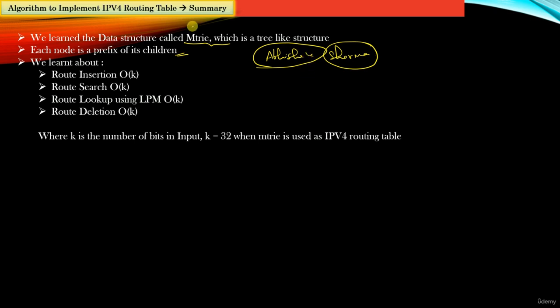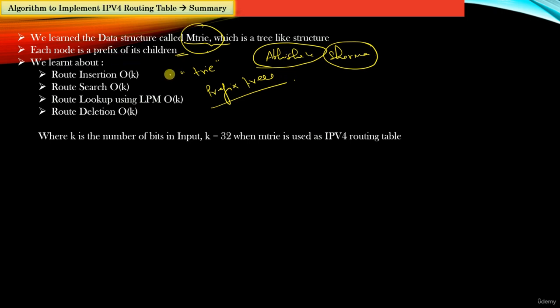This is the property of this M-trie data structure. And for this reason, the trie family of data structures is also called prefix tree. Alright, they are also called prefix tree because each node contains the prefix of its children. In other words, every child contains the suffix of its parent.